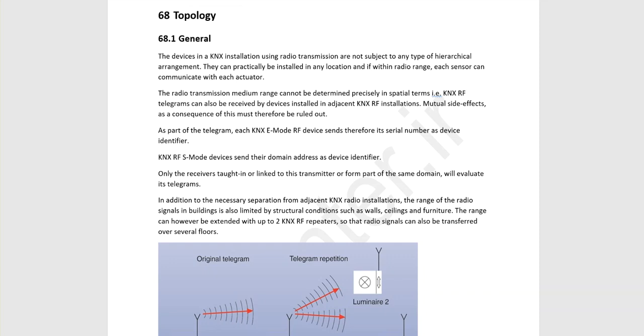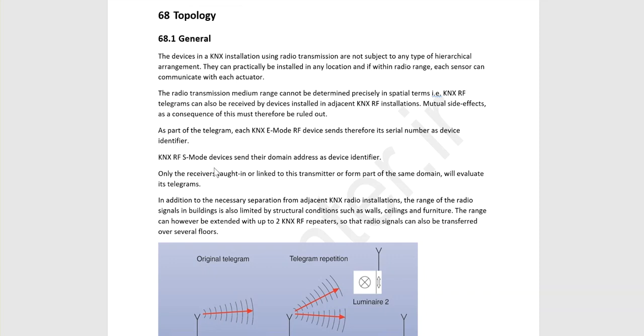As a part of the telegram, each KNX E-mode RF device therefore sends its serial number as a device identifier. KNX RF S-mode devices send their domain address as a device identifier. Only the receiver taught in or linked to the transmitter, or part of the same domain, will evaluate its telegram.